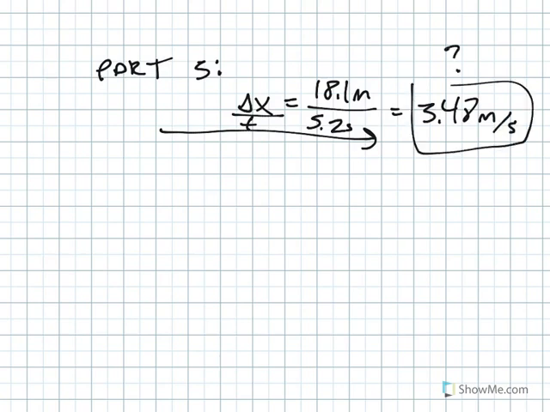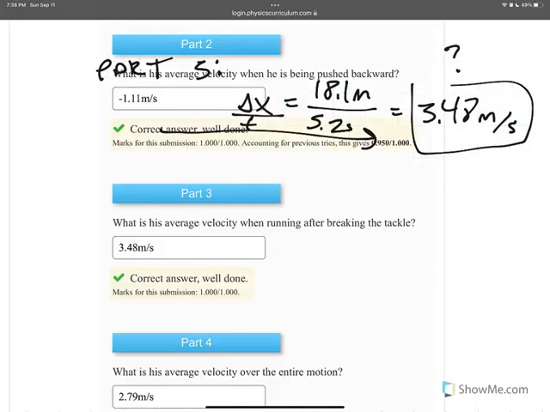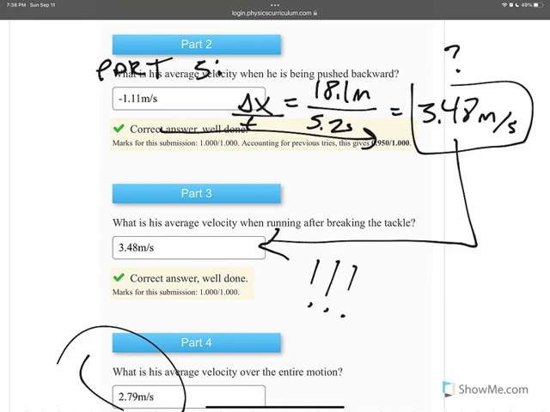And then is that right or not? Let's check and see. Hold on. Yep, check it out. That was correct. And then the last part is they want to know the average velocity for the entire motion.